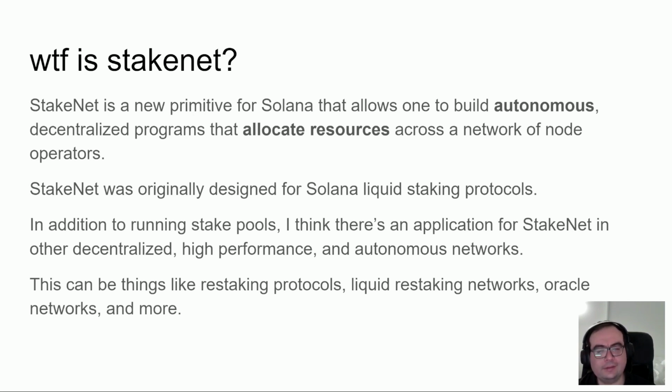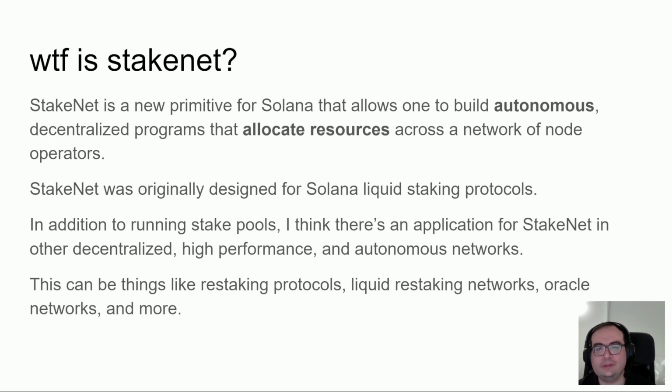And this autonomous decentralized program will be able to go from the state to an action that is to distribute resources across different actors. And this is something that happens for Solana liquid staking protocols.